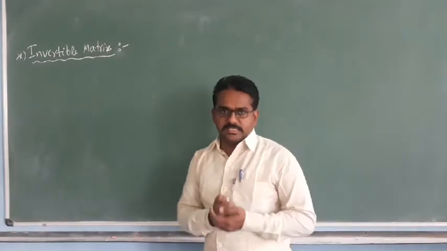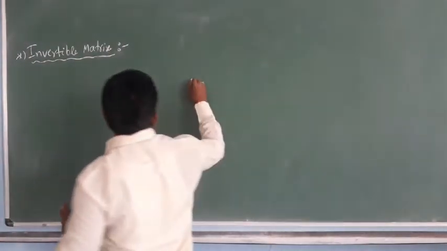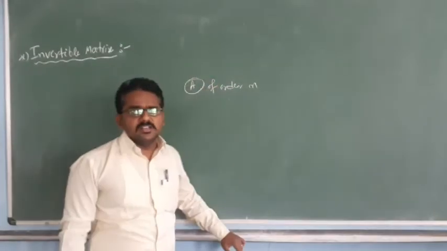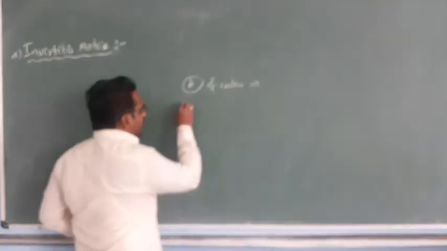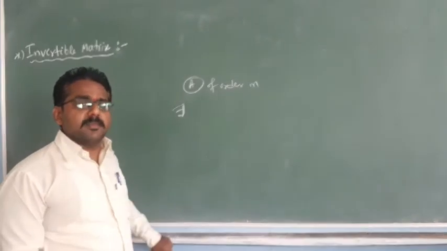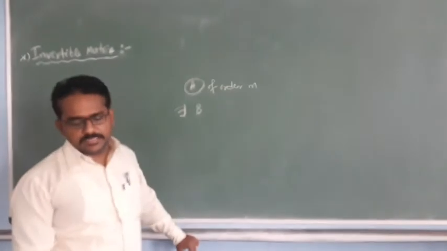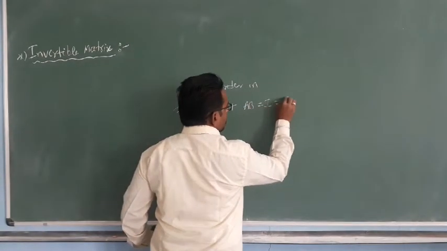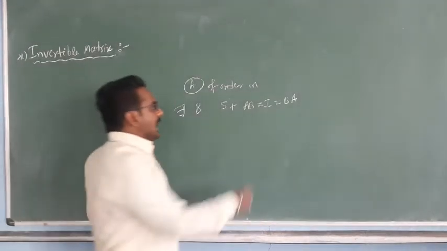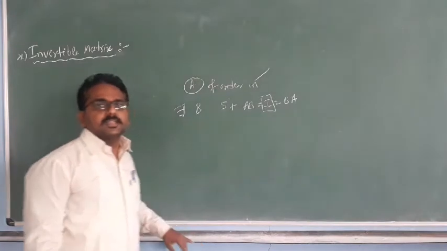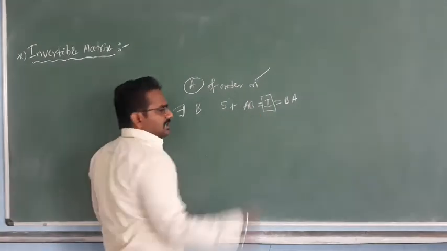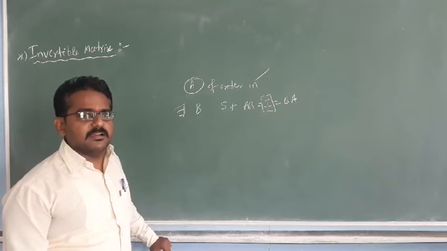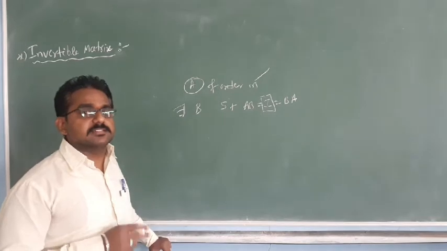Likewise, invertible matrix means for a given square matrix A of order m, there exists another square matrix B of order m such that the products AB and BA are the identity matrix of order m, then we say B is the inverse of the matrix A, or A is the inverse of the matrix B. Vice versa will be there, students.